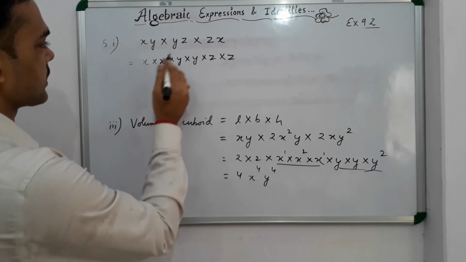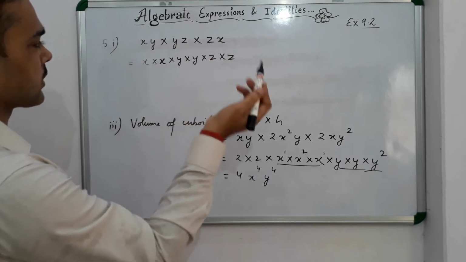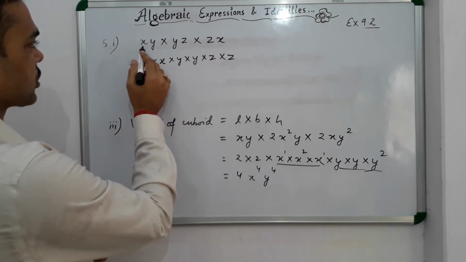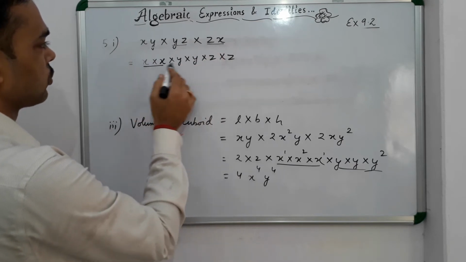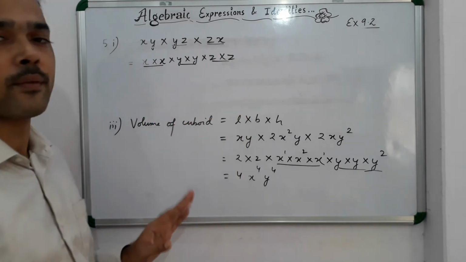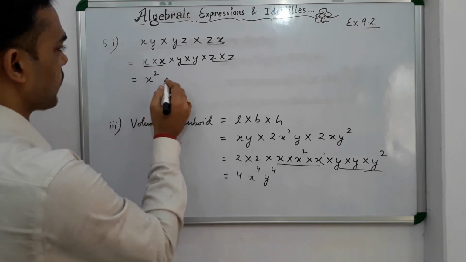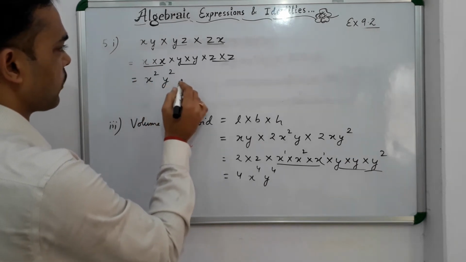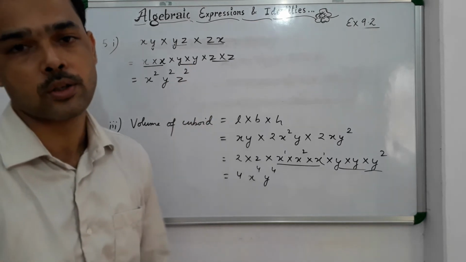So this is x into x. See whether I have written all the elements or not: 2, 4, 6, 2, 4, 6. In this way I have written all of them. Now x into x will become x square, y into y will become y square, and z into z will become z square.